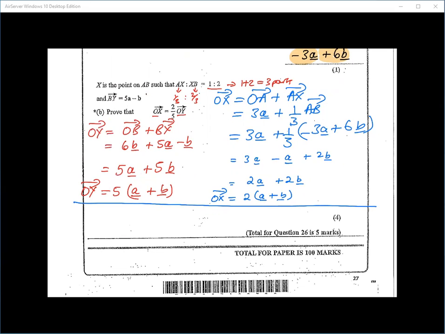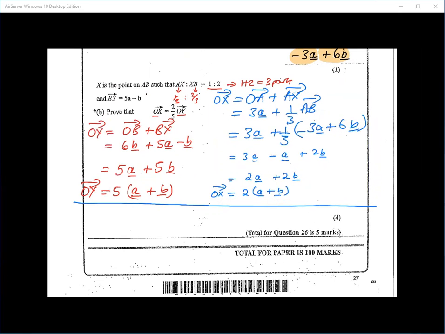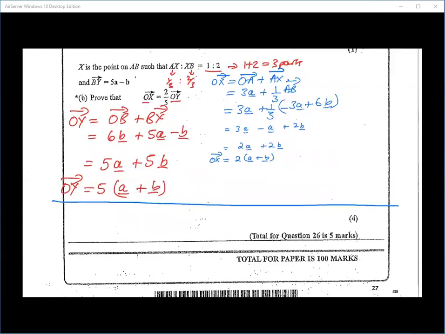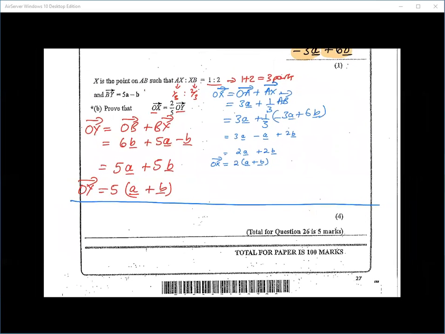Then you do 5 bracket A plus B times 2 over 5. Right, first of all, let me just make something a little bit smaller. Okay. So what we're going to do now, it says here, O to X is 2/5 of O to Y. So O to X, if you multiply OY by 2/5, it should give you O to X. Is that right?